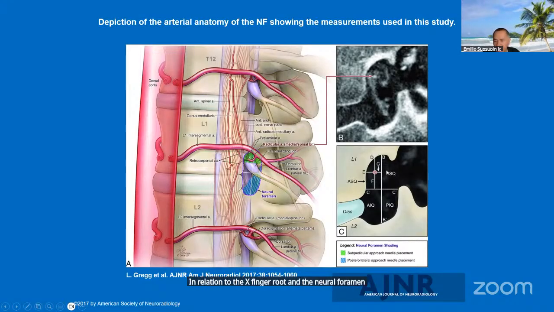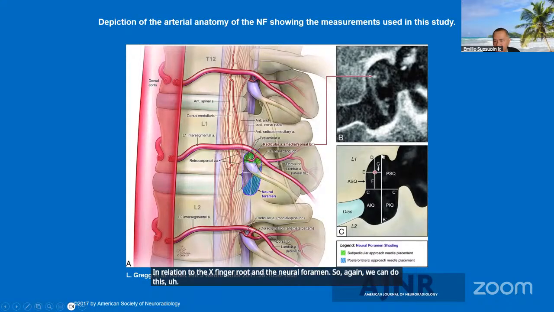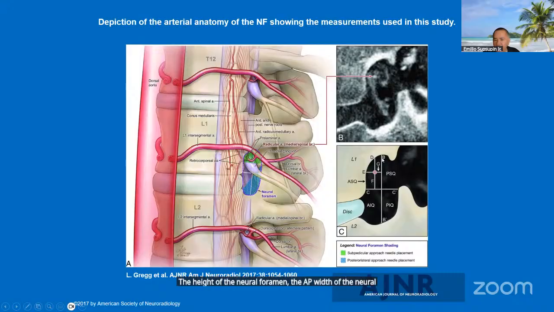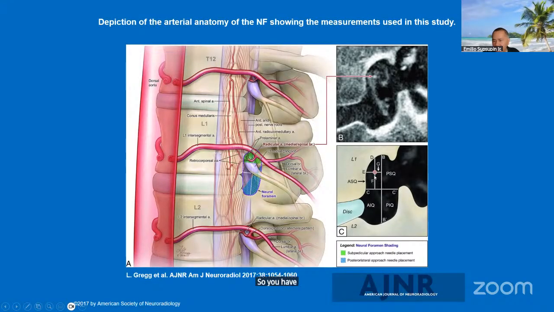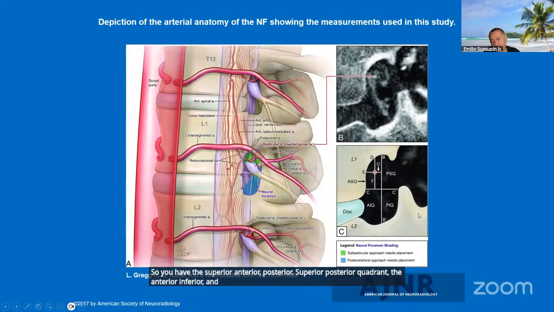So again, we can do these measurements, the height of the neural foramen, the AP width of the neural foramen, and we can divide this into 4 quadrants. So you have the superior anterior, superior posterior quadrant, the anterior inferior, and then the posterior inferior quadrants. And you can delineate.